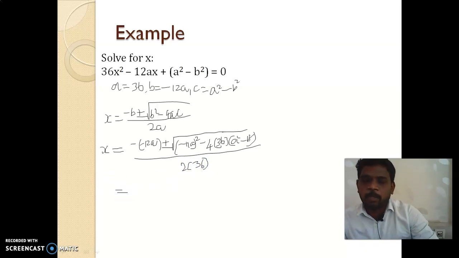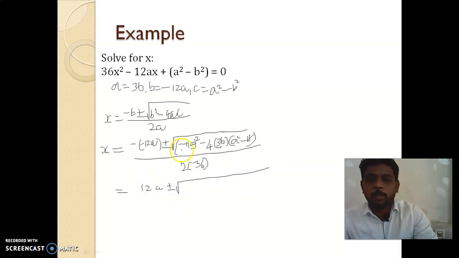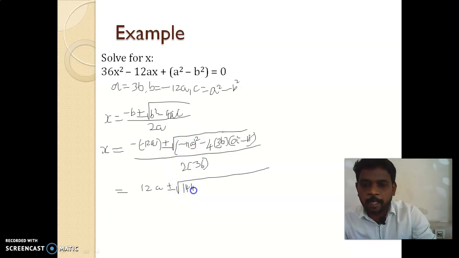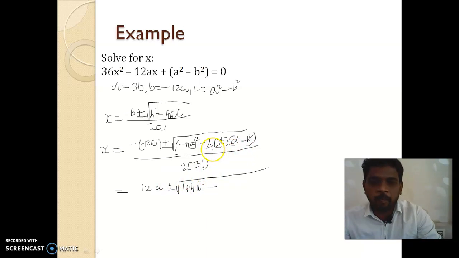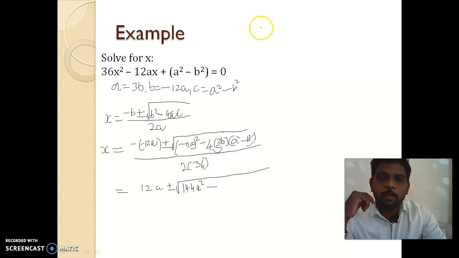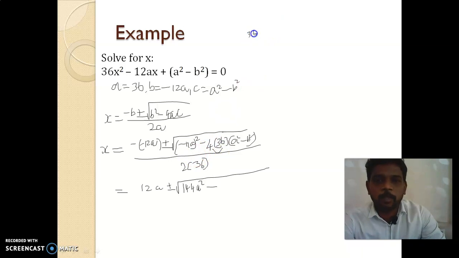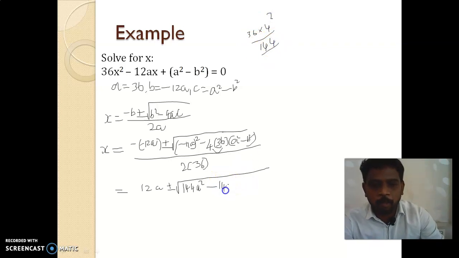So equal to, now minus into minus is plus 12A, and plus or minus square root of, here 12 squared, 12 12s are 144, and inside the variable A is there, so 144A square, and minus 4 into 36, that is 144.